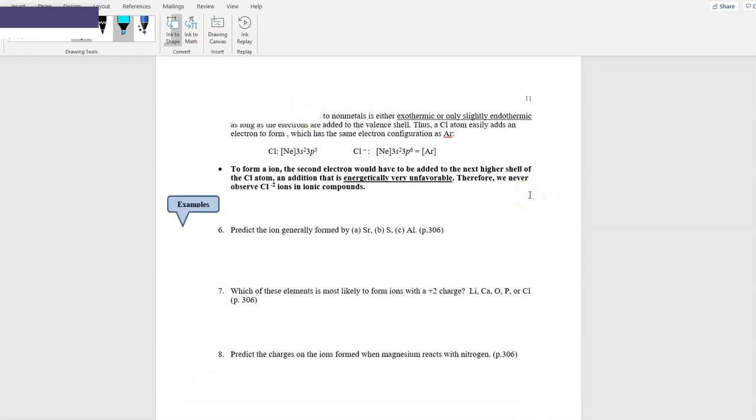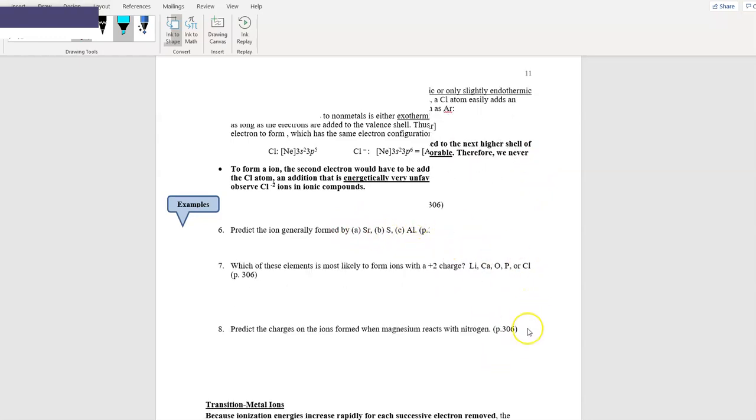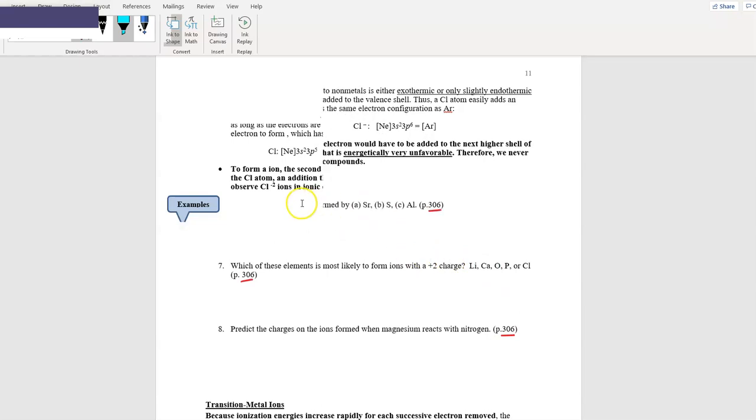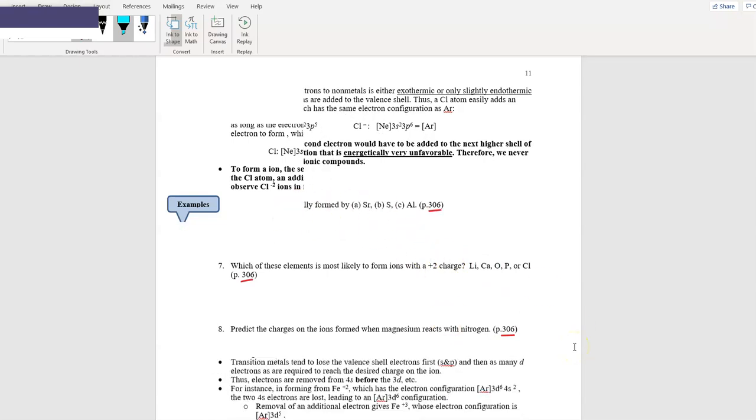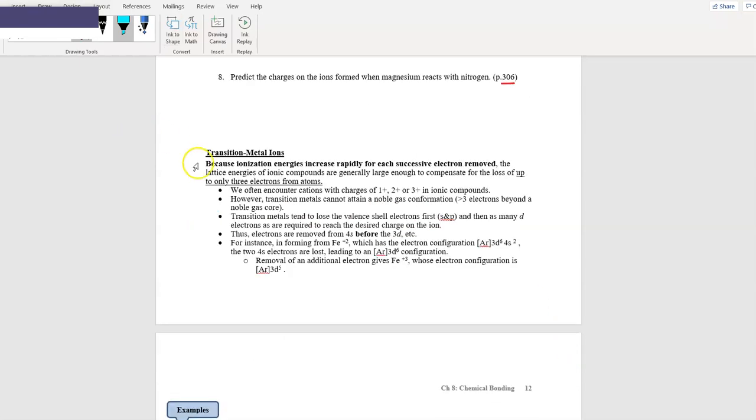Okay, these right here, I would like you to do these, and you can check your answers right there. Page 306. I know it's a very, very long video, okay? But see if you can actually predict and then check your answers. Transition metal ions, okay? Because ionization energies increase rapidly for each time an electron is removed.